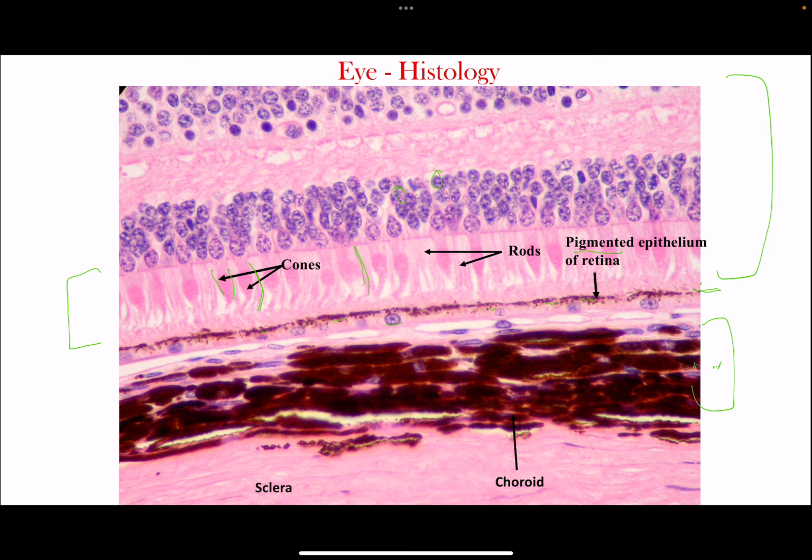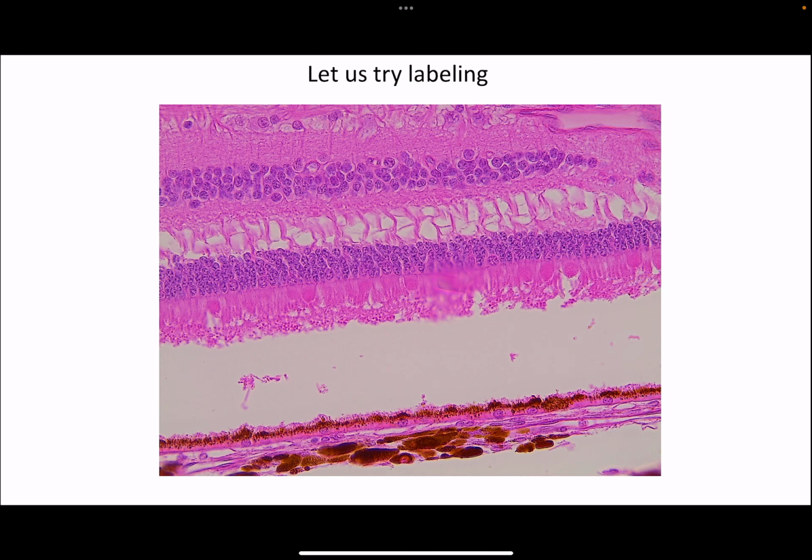This is a part of the retina. The choroid is another layer of the eye itself. Then it's clear. So make sure you highlight this one and understand what it is. This is the nucleus of the photoreceptors, choroid layers.